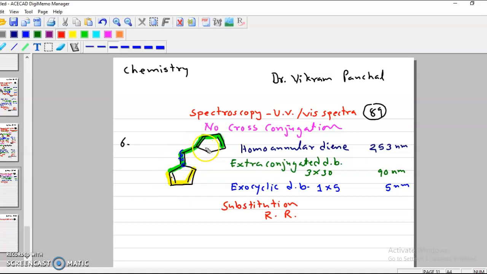Yes, this one is one ring residue for this carbon. Now next one is going here, and then this one. Again, this carbon is considered a ring residue for this double bond. So total 2 ring residues, so we will add 10 nanometer for this one. And now we make a total of this, that will be lambda maxima for this compound. Remember, there is no cross conjugation in this case.